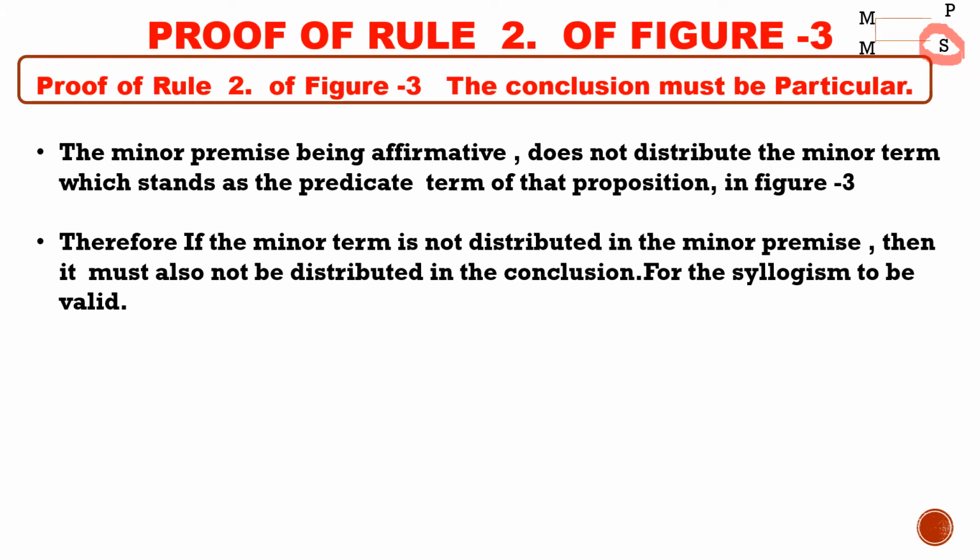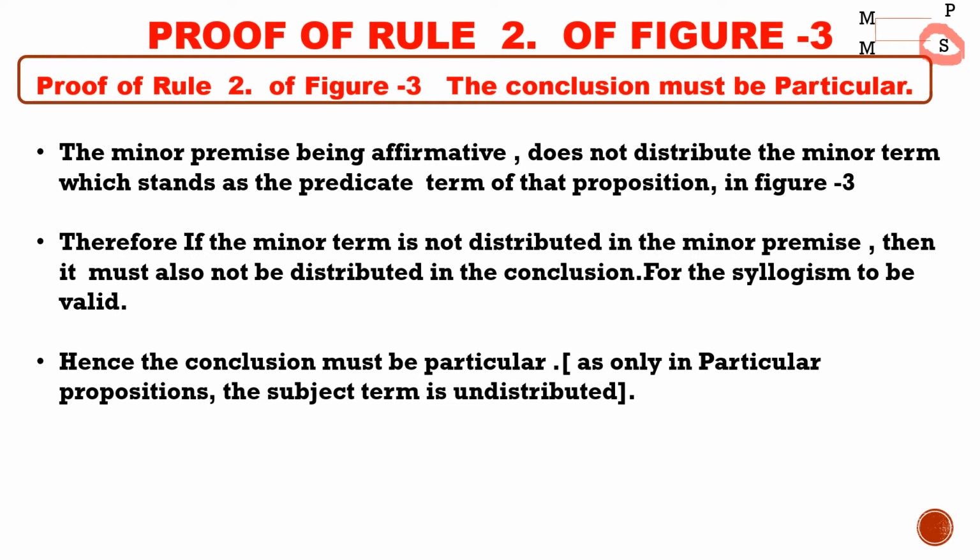The subject term of only particular propositions is not distributed because it refers to the part of the class. You know that any term remains undistributed when it refers to the part of the class. And in particular propositions, the subject term refers to the part of the class. Hence the conclusion must be a particular proposition, where the subject term is undistributed.